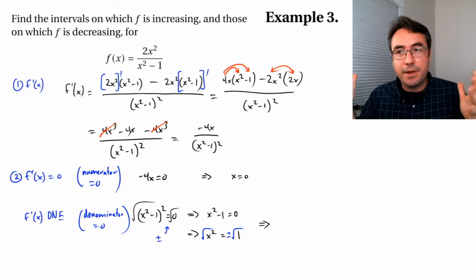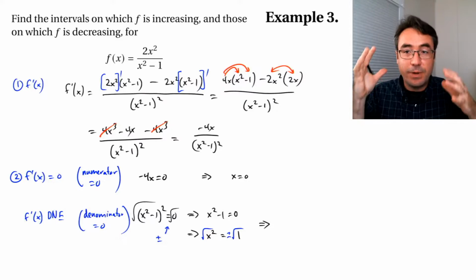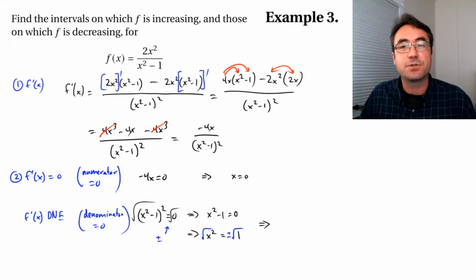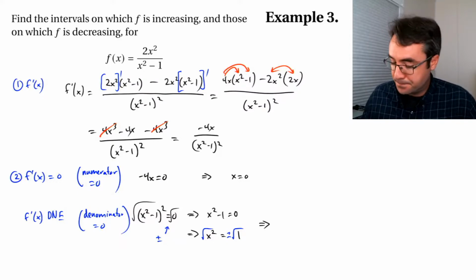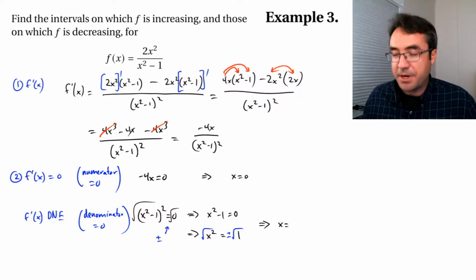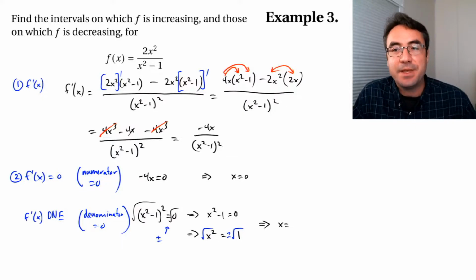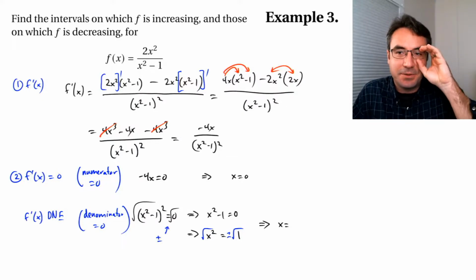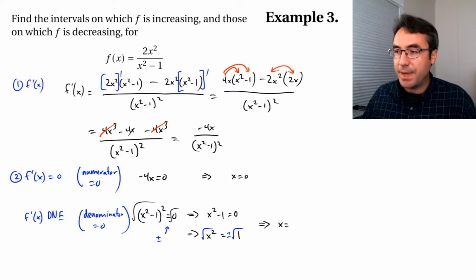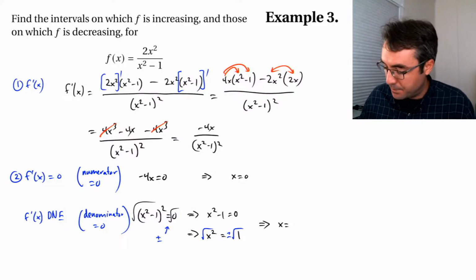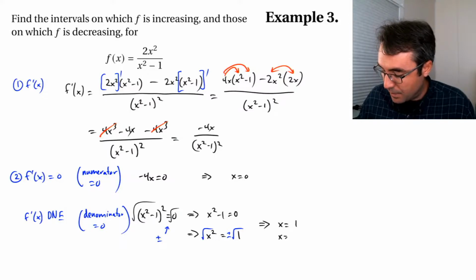If the square root's already there, then there is no plus or minus. It's a very common mistake to forget about that plus or minus, so it's good to mention it. So we actually get two x values here: x equal to positive 1 and x equal to negative 1.